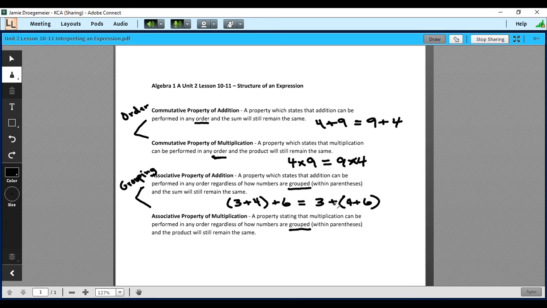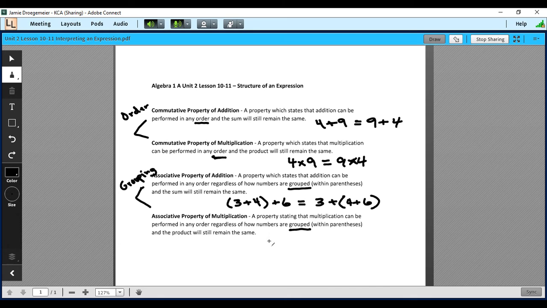So it's how they're grouped, and you'll see the order's the same. The only thing I've changed is how I group them. That's not going to change the sum. So 3 plus 4 is 7. 7 plus 6 is 13. On the right side, in my parentheses, 4 plus 6 is 10. 10 plus 3 is also 13. So again, the grouping is what we're looking at in the associative property.